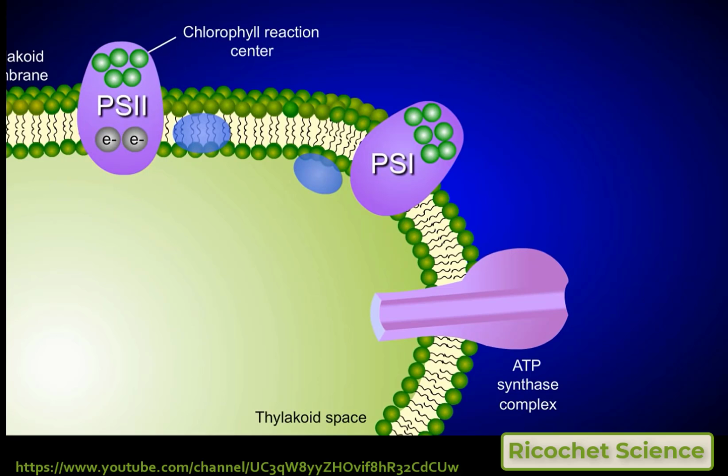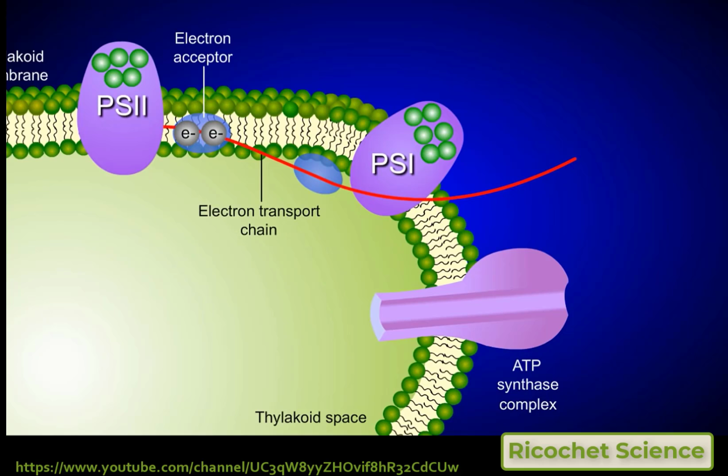The first thing that happens is that photosystem 2 receives photons, or light energy. This light energy is transferred to a chlorophyll reaction center, causing electrons in the reaction center to become energized. These electrons become so energized that they escape photosystem 2 and move to a nearby electron acceptor molecule located in the electron transport chain.